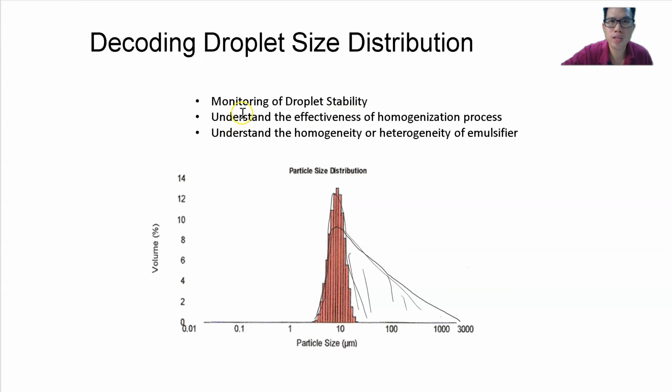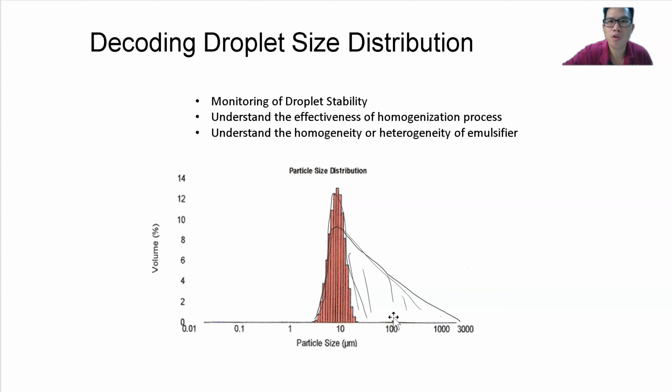You can also use the particle size to understand the effectiveness of the homogenization process, as well as whether the emulsifier you use is homogeneous or heterogeneous. If it is a homogeneous emulsifier, usually the peak is very narrow. If it is heterogeneous, usually it can have very small droplets to very large droplets.